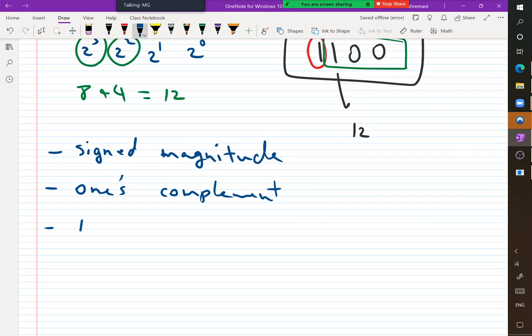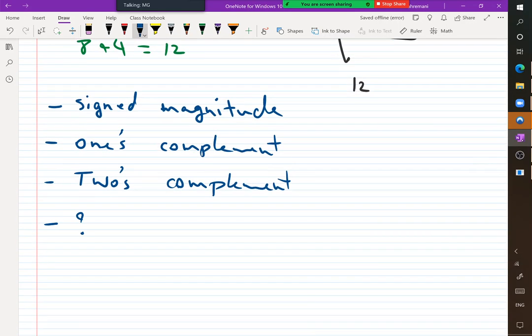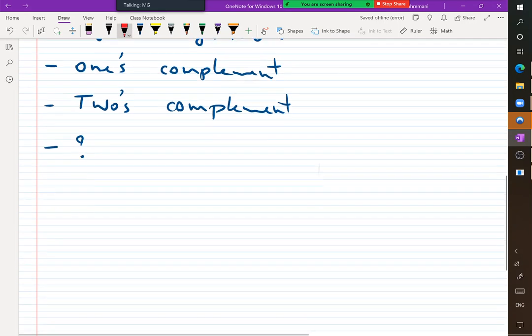And we have twos complement methods. We have one more method that we will discuss later, but for now let's focus on these three methods. Okay, first let's start with sign magnitude.